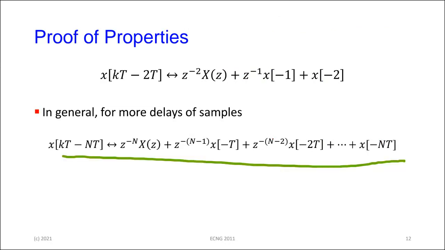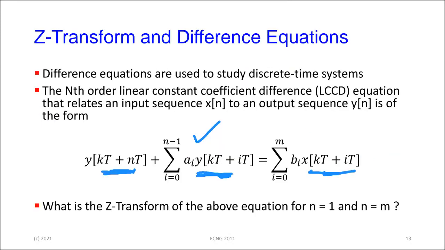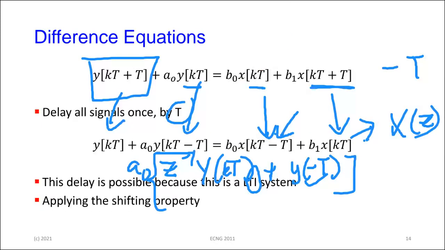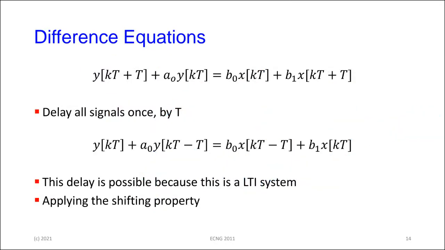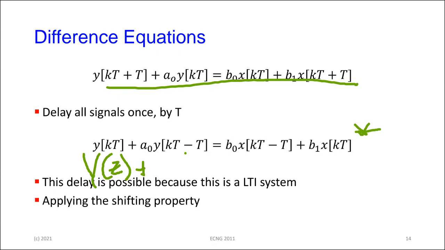And once you do that, you can now, by inspection, look at a difference equation, something like this. If you get it with positive indices, you could delay it to get the negative indices that you want. Then right across here, just by inspection, this is Y(z), this is plus A0.